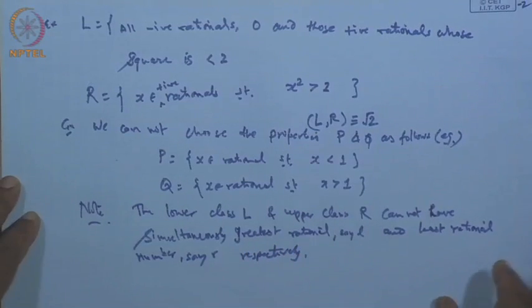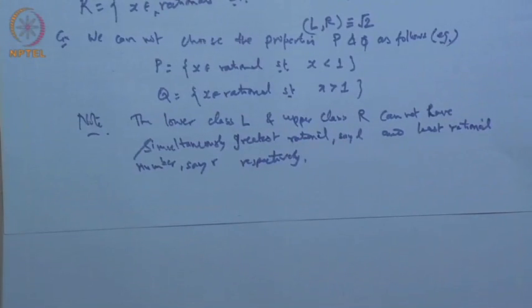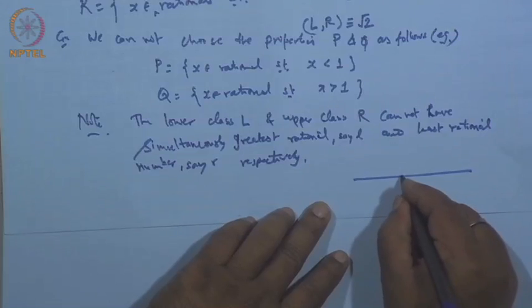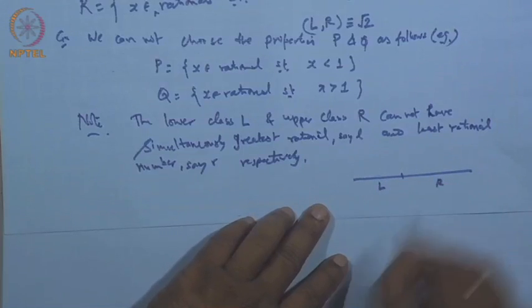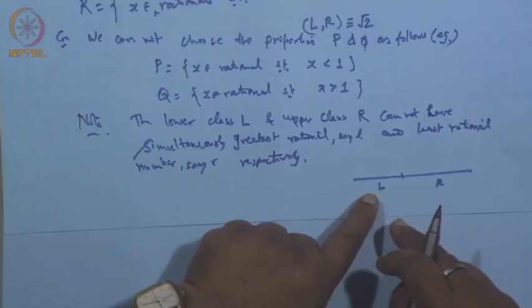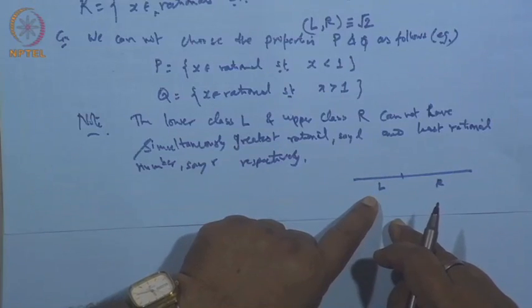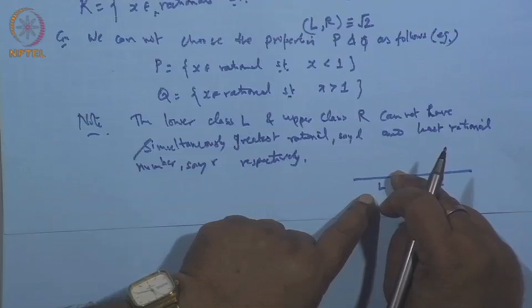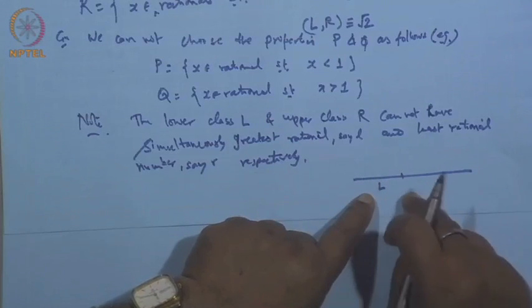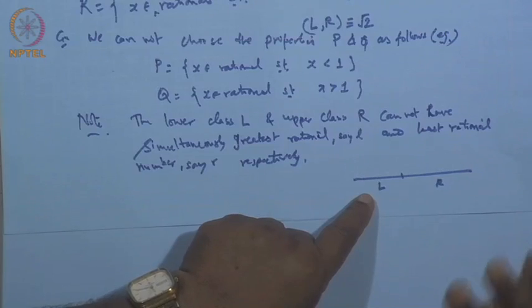What is the meaning of this? Suppose this is our lower class and this is our upper class. What I am saying is that it is not possible for the lower class to have a largest number as well as the upper class to have a least number. If the lower class has a largest number, the upper class cannot have a least number, and vice versa.